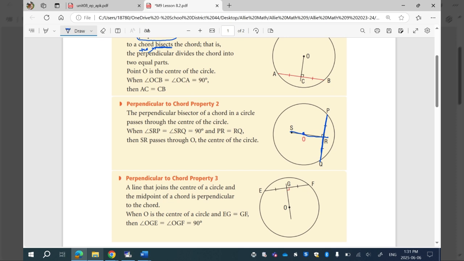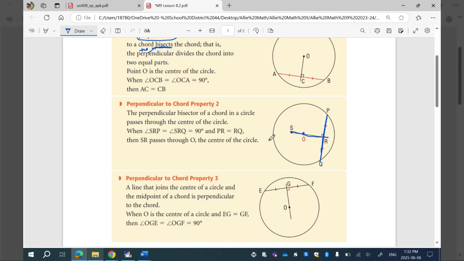In our first one, we're going from the center perpendicular downwards, and that's bisecting the chord. Here we have a chord, we bisect it perfectly, and that perpendicular line would pass through the center. So it feels kind of the same, but a little bit of a reverse.